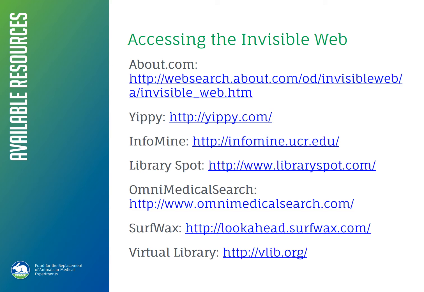It includes resources such as databases, electronic journals, electronic books, bulletin boards, mailing lists, online library catalogues, articles, directories of researchers and other types of information. LibrarySpot is a collection of databases, online libraries, references and other good information from the invisible web.